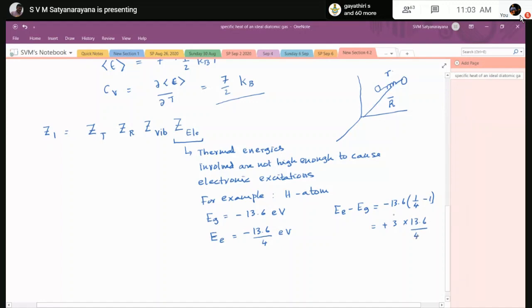So that means it is 75% of this. Okay, so let us say roughly it is about 9 electron volts.